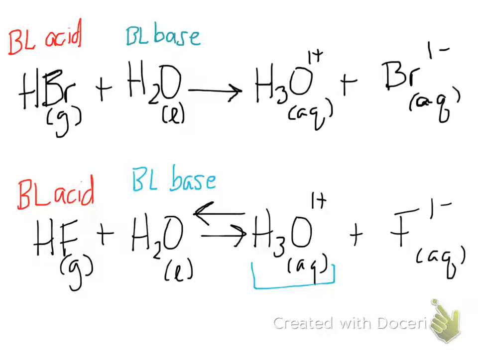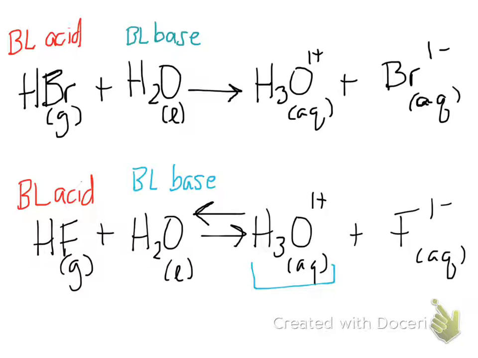I want to ask you a question. Could bromide take back its proton? In theory, if you didn't know anything about electronegativity, it's a 1 minus ion. Can 1 minus ions ever pick up 1 plus ions? Sure. So bromide could, in theory, accept a proton. What would that make it? It would make it a base.